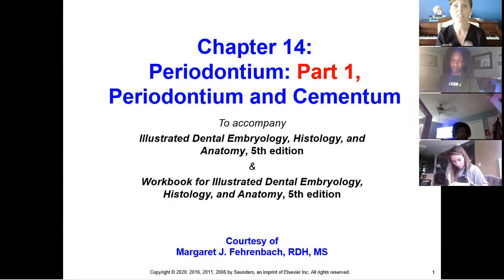The cementum is much thinner than the enamel on the crown, and it's not as hard, so it can easily be damaged. We as hygienists can damage the cementum by being too heavy-handed in the root area.